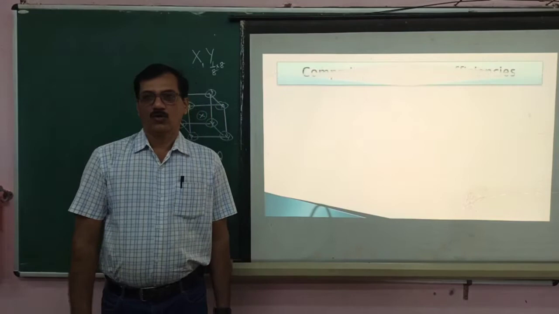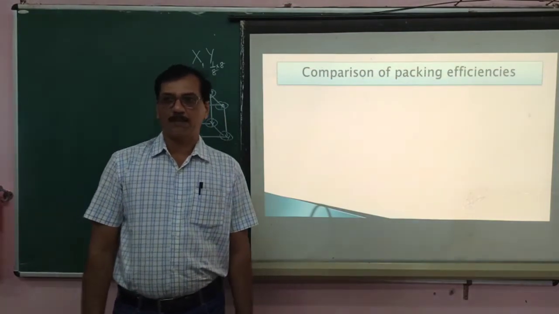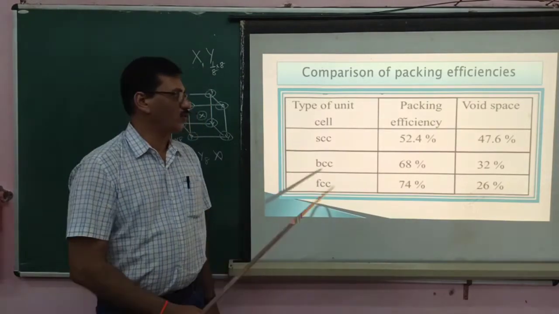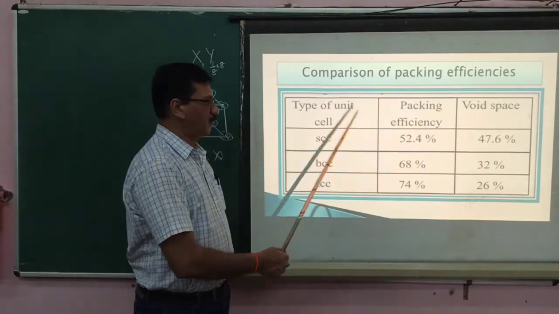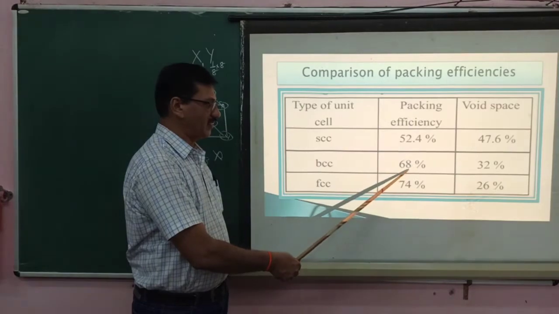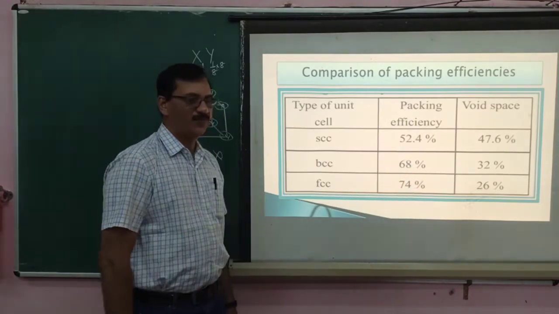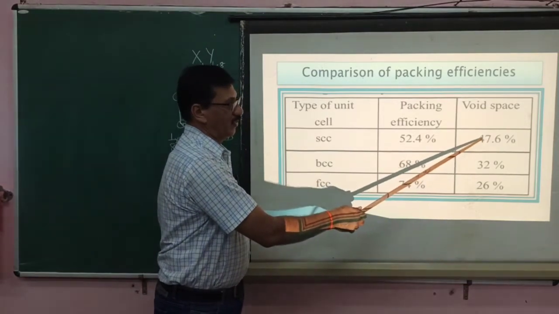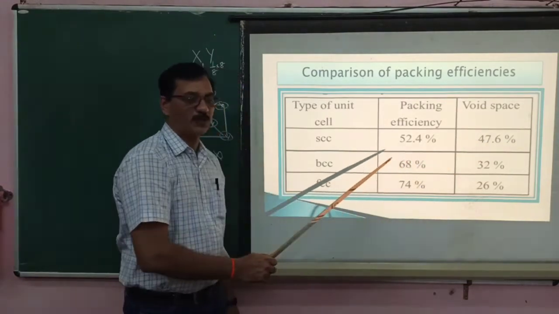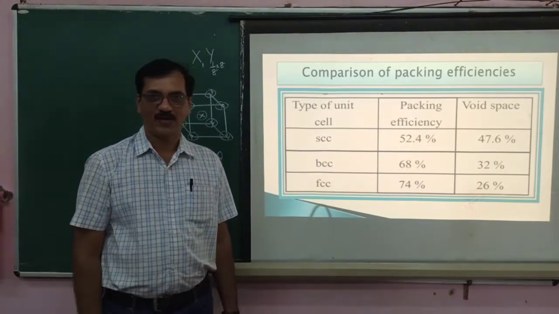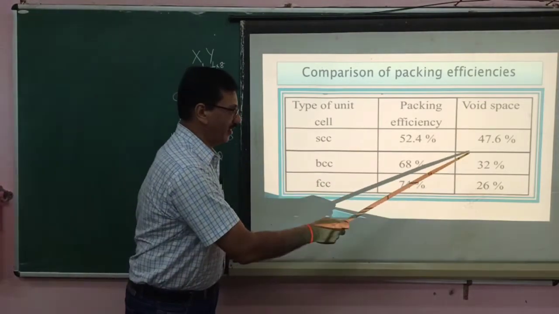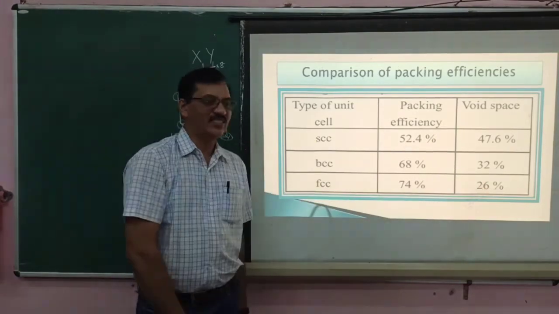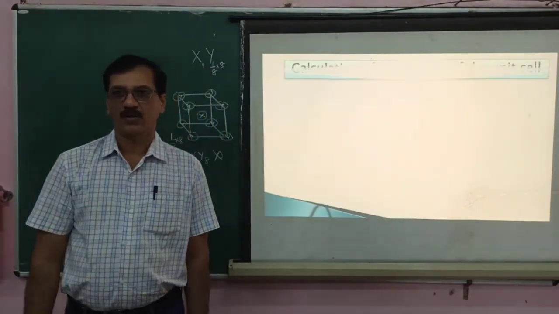So in comparing packing efficiencies: simple cubic 52.4%, BCC 68%, FCC 74%. 100 minus this will give you the white space. FCC is closely packed because less white space is present.